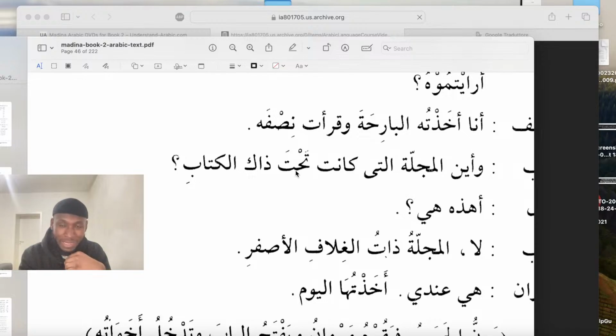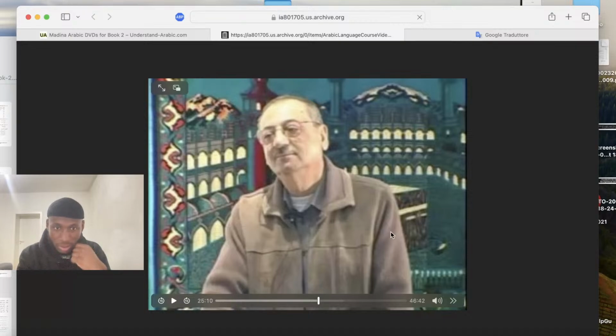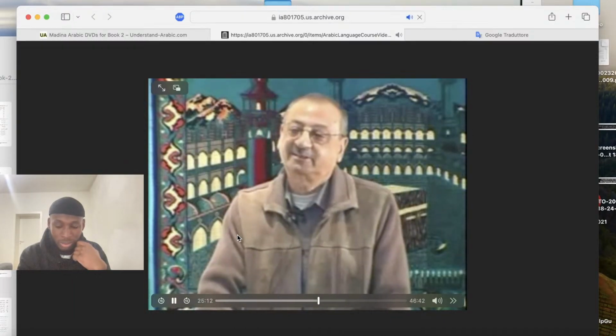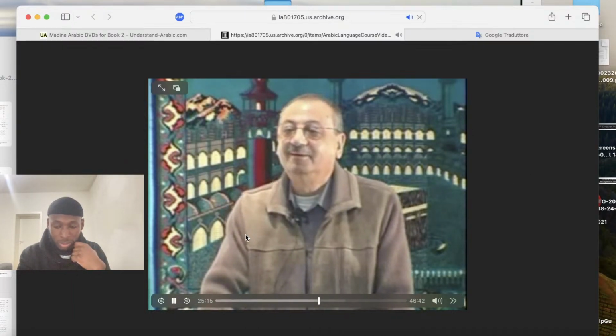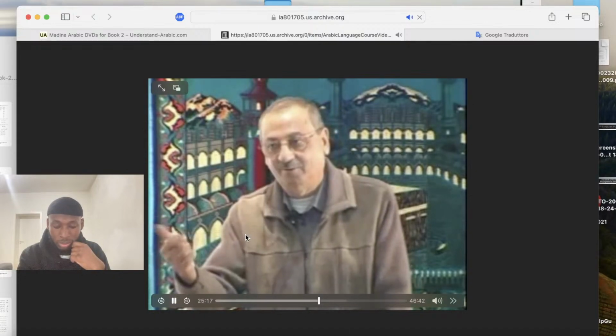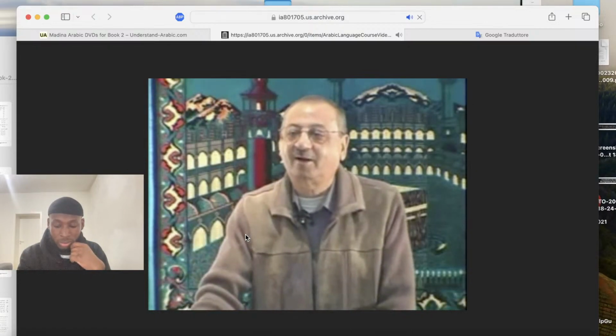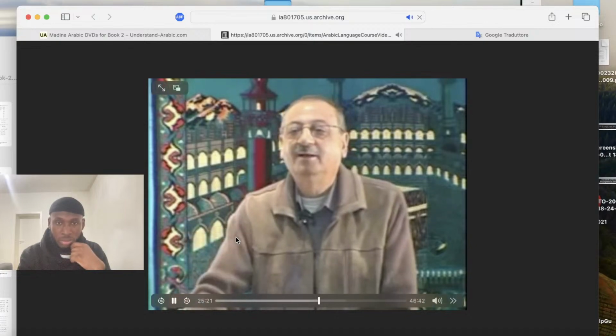So takhta is a zarf acting like a mudaf, and then dhaka is the mudaf ilayh. And the mudaf ilayh is always in the majroor case. So al-kitab, obviously, will be in the majroor case. That's why it is kitabi. Mubdal minhu, because zalika is majroor because of its being a mudaf ilayhi.